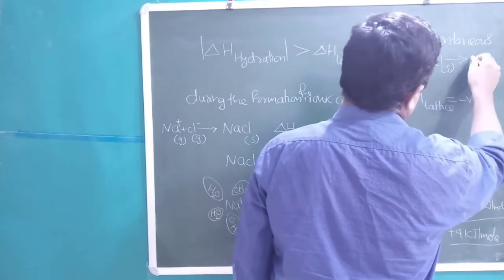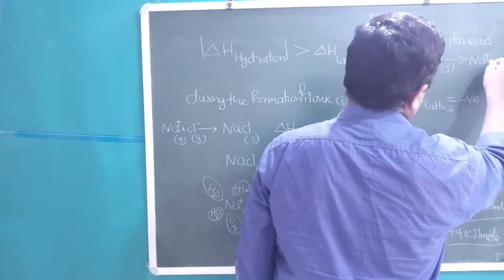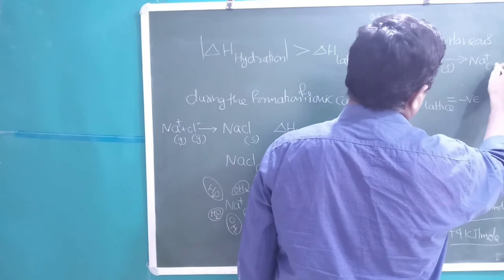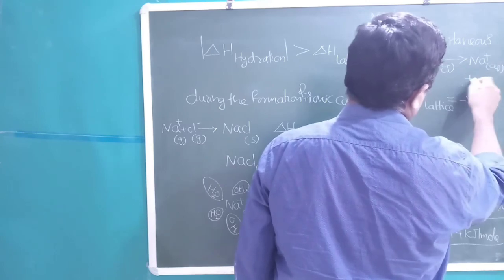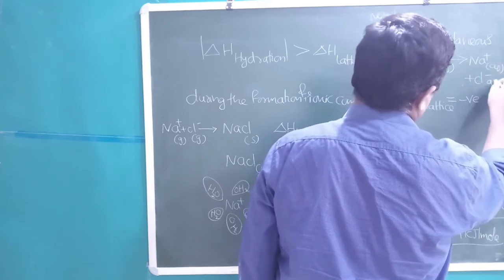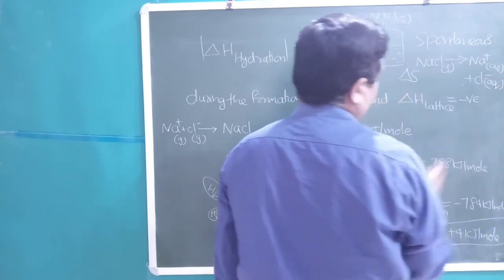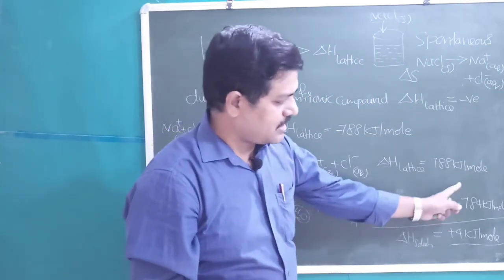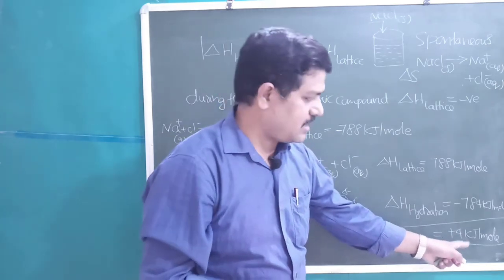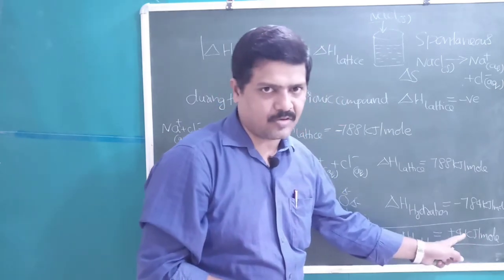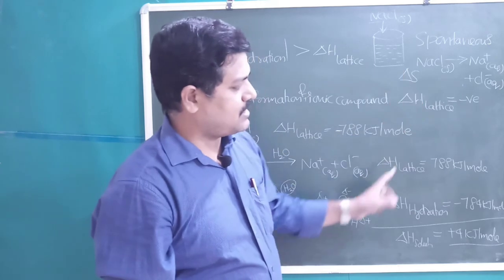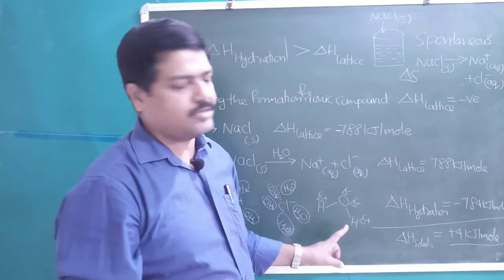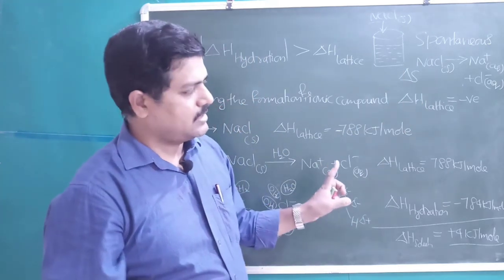When it is dissolved in water, the entropy of NaCl increases. So for the dissolution of NaCl in water, the driving force will be the entropy. Enthalpy is not a driving force because the enthalpy sign we are getting is positive, plus 4, right? Entropy will be the driving force for the dissolution of NaCl in water, right?